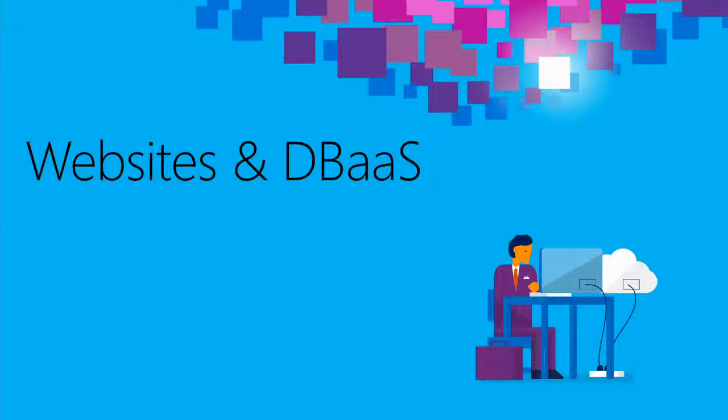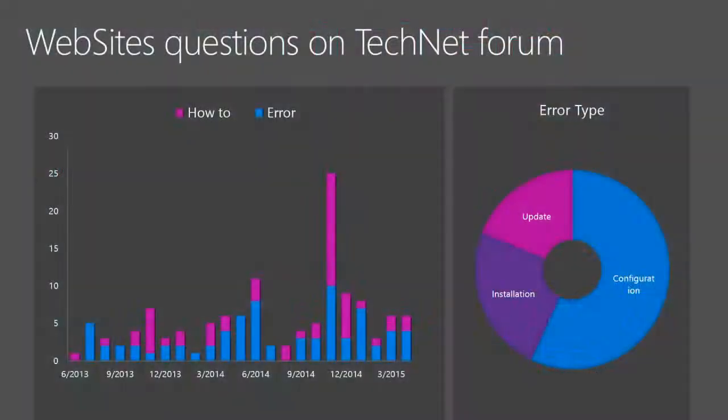Because there are so many different moving pieces, what I would like to do is look at 3 examples, and we'll demo all of those. We'll look at websites questions. There are a lot of installation and update issues compared to the other 2 RPs we just looked at.